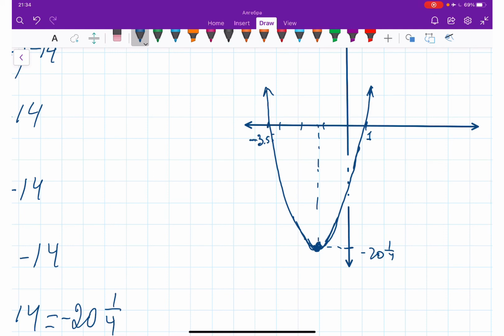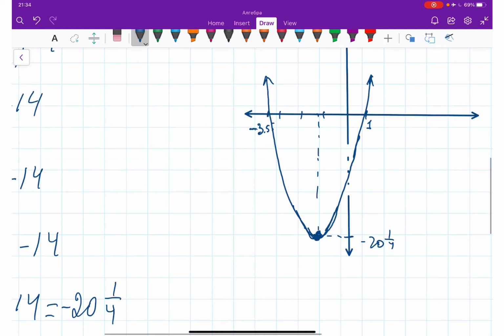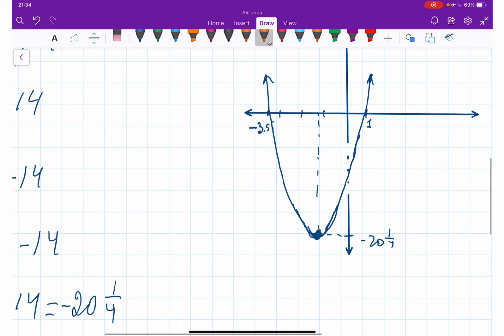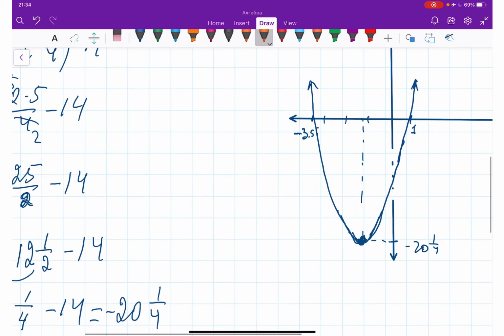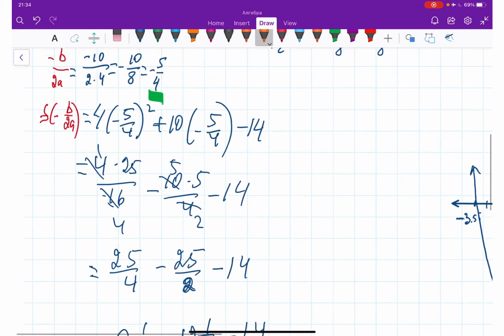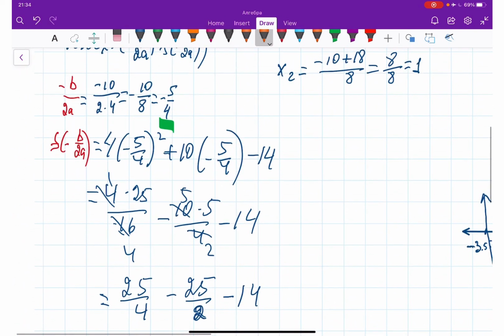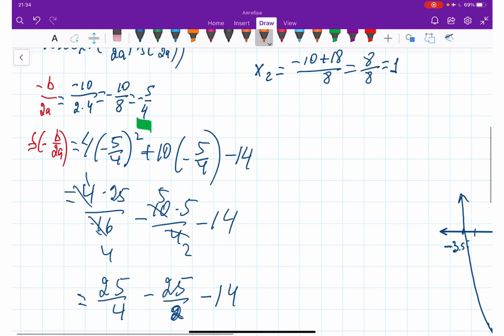And our line of symmetry is going to be x equals negative, how much was that? Negative 5 over 4. This is going to be our line of symmetry.